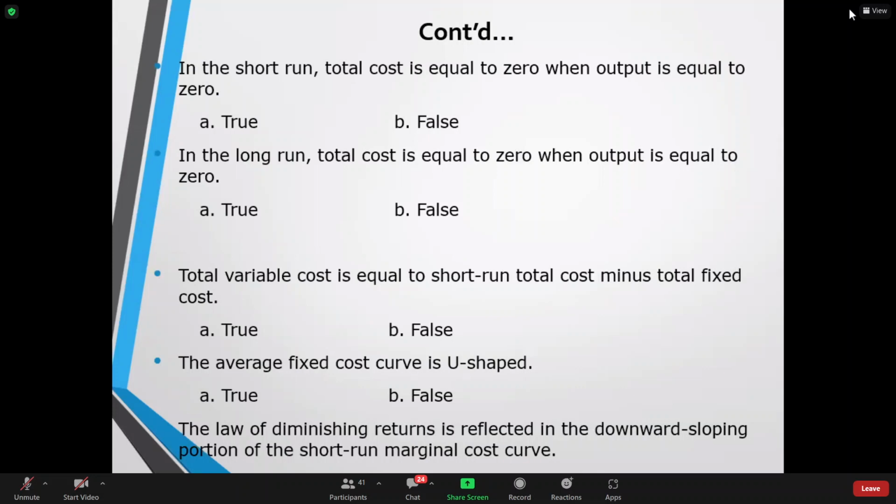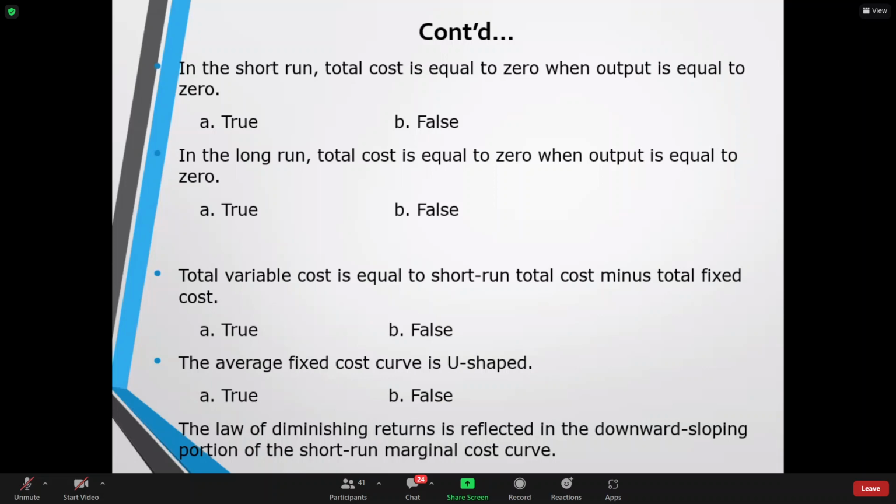Yes, 1B. Okay, correct. It's false because in the short run, fixed cost is there. Capital is fixed. So that capital cost is there. So the statement that total cost is equal to 0 when output is equal to 0 is false.